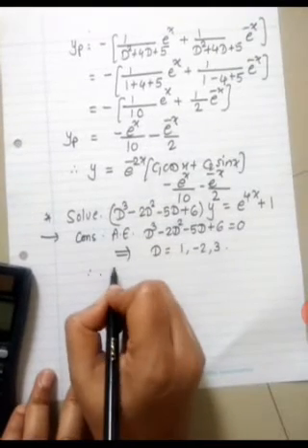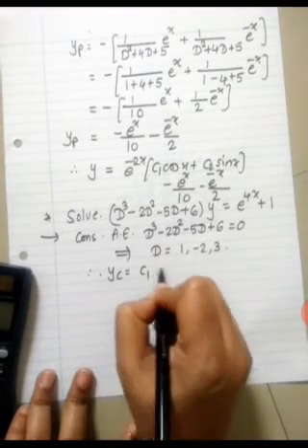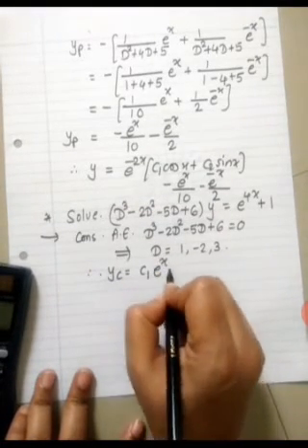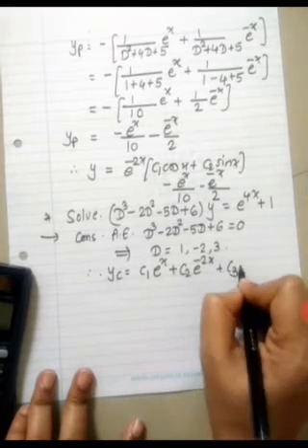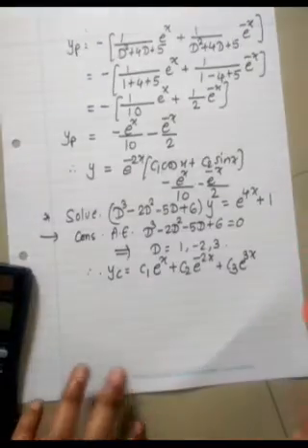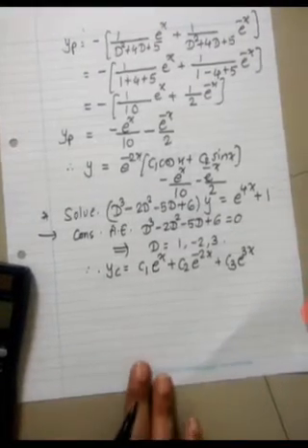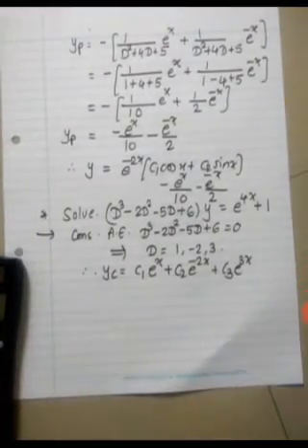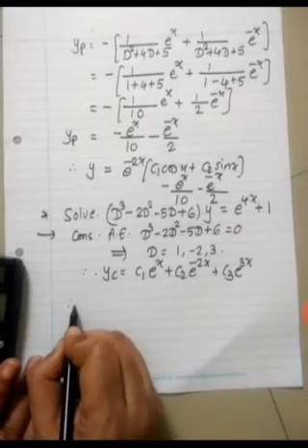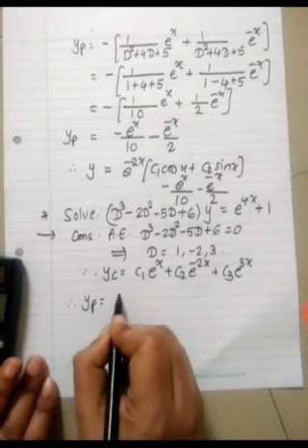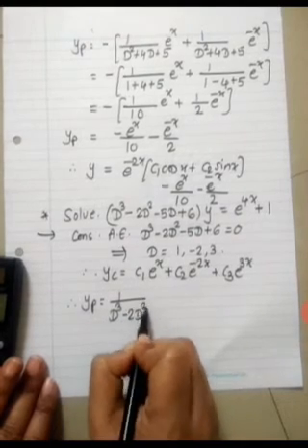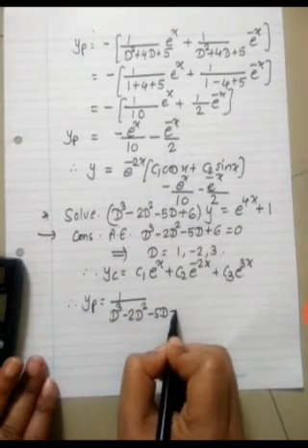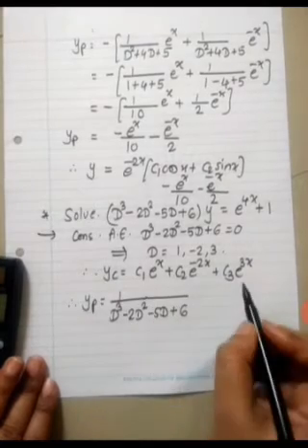Therefore, yc is c1 e raised to x plus c2 e raised to minus 2x plus c3 e raised to 3x. Therefore, yp is 1 upon D cube minus 2D square minus 5D plus 6 into f of x.